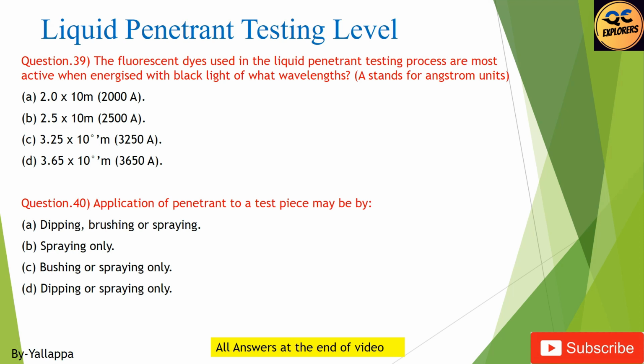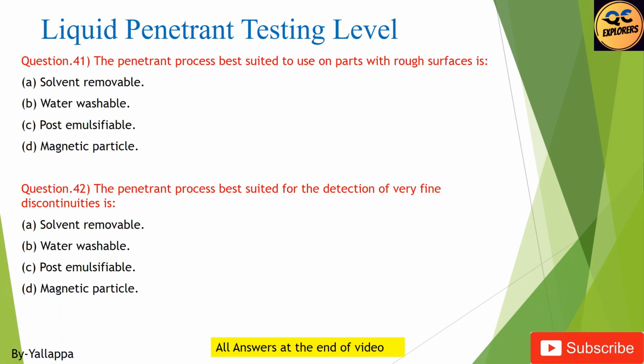Question point 40. Application of penetrant to a test piece may be by dipping, brushing or spraying. Spraying only. Brushing or spraying only. Dipping or spraying only. Question point 41.